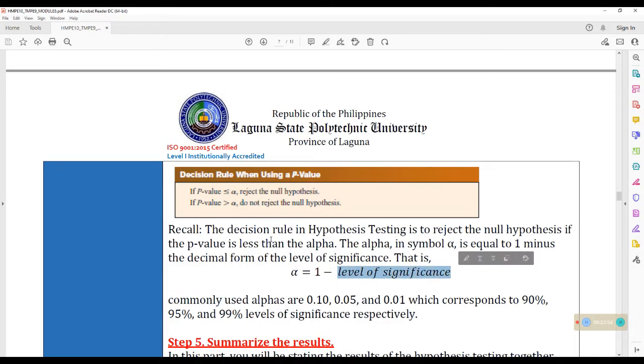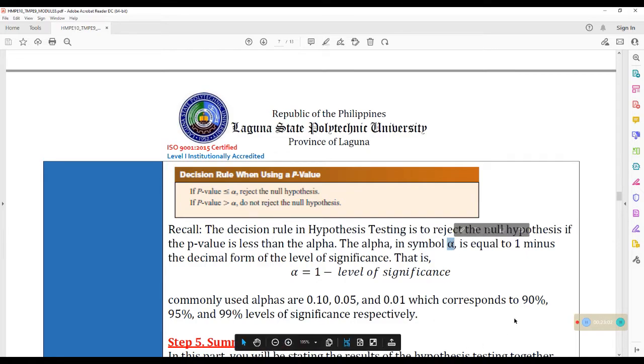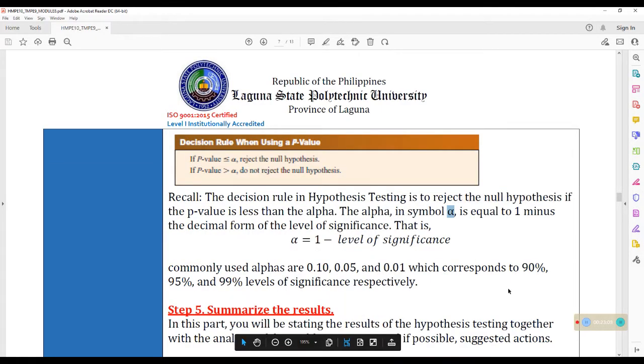The decision rule in hypothesis testing is to reject the null hypothesis if the p-value is less than the alpha. The alpha in symbol is this one, like an A. It is equal to 1 minus the decimal form of the level of significance. That is, alpha is equal to 1 minus level of significance.